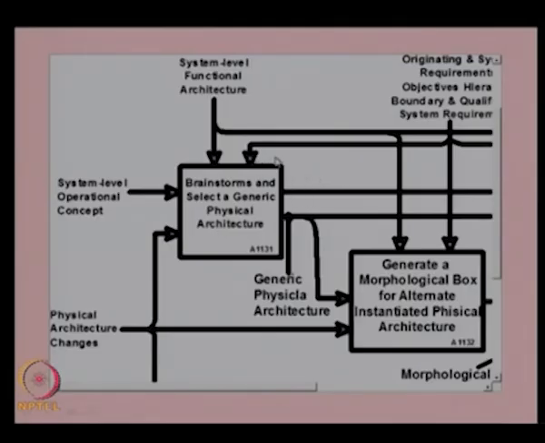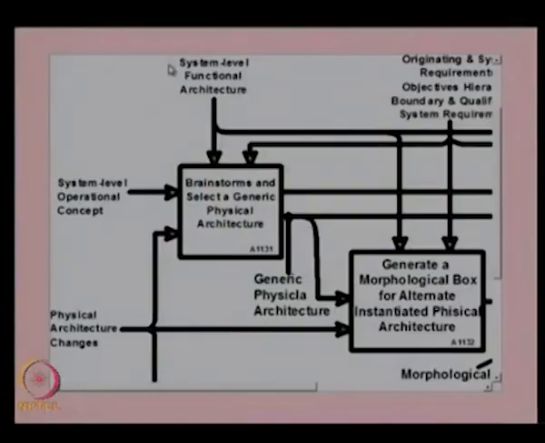In this generic physical architecture, of course, we need to do a bit of brainstorming, because converting the functional architecture to a generic physical architecture is a bit tricky and requires a lot of discussion and understanding of the functions, and then finding the generic elements for the generic architecture. So, the team members will sit together and look at the functional architecture and then see how we convert that into a physical architecture.